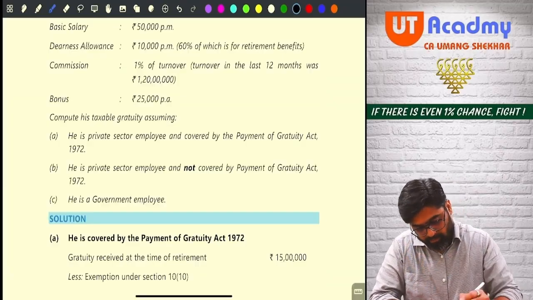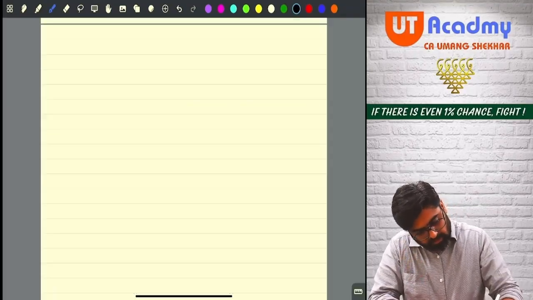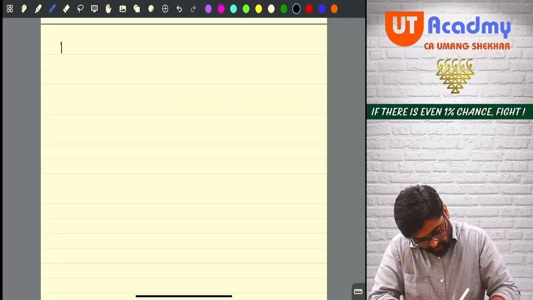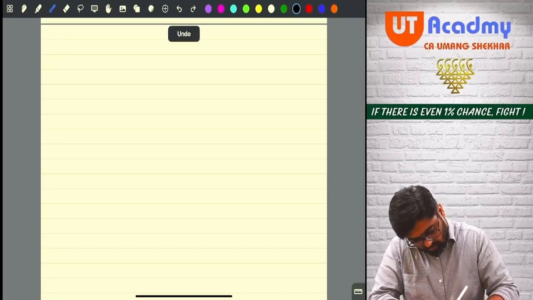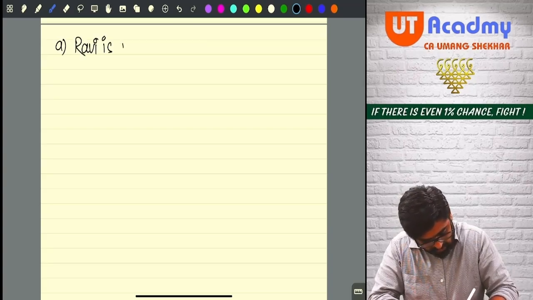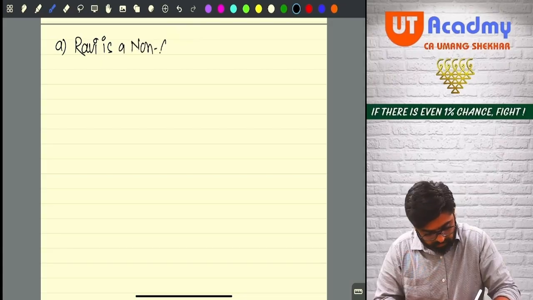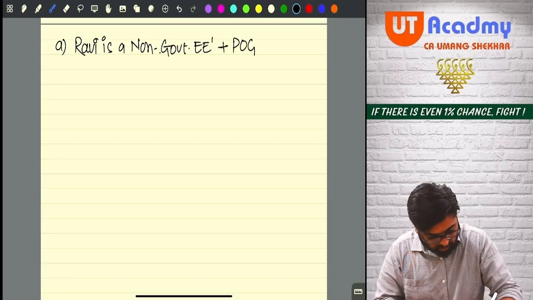See, what is the name of the assessee? Mr. Ravi. So if I say, Ravi is a non-government employee, plus he is covered by POGA also.